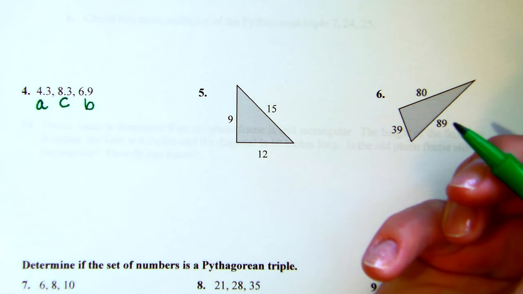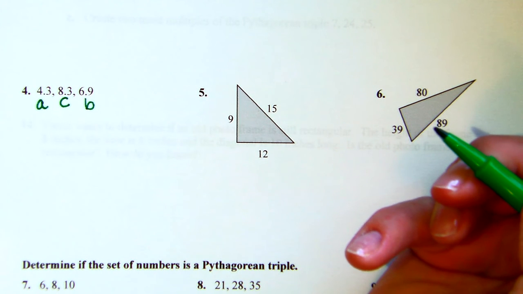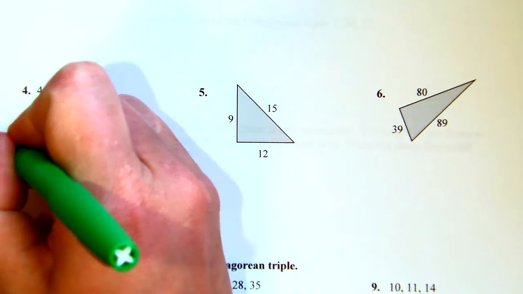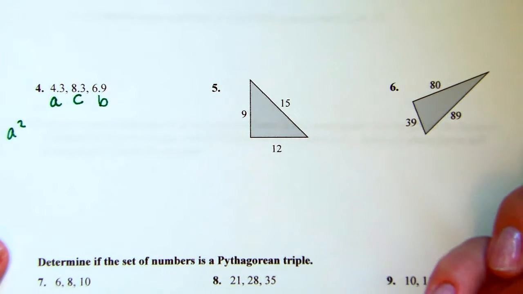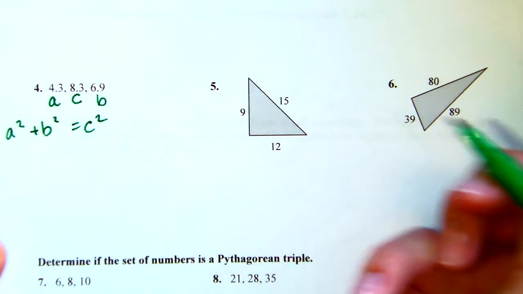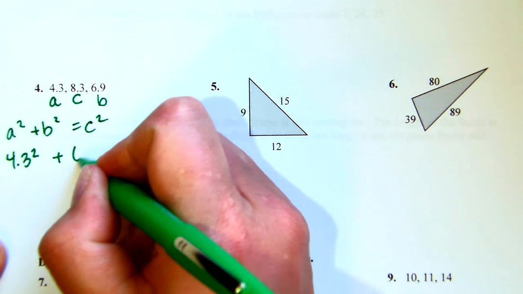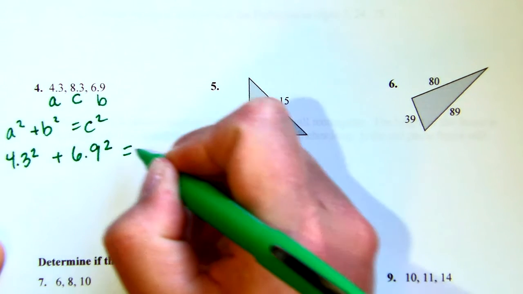Now, using these integers, I'm going to put these numbers into my formula. Once again, that formula is A squared plus B squared equals C squared. So I'm going to go 4.3 squared plus 6.9 squared equals 8.3 squared.